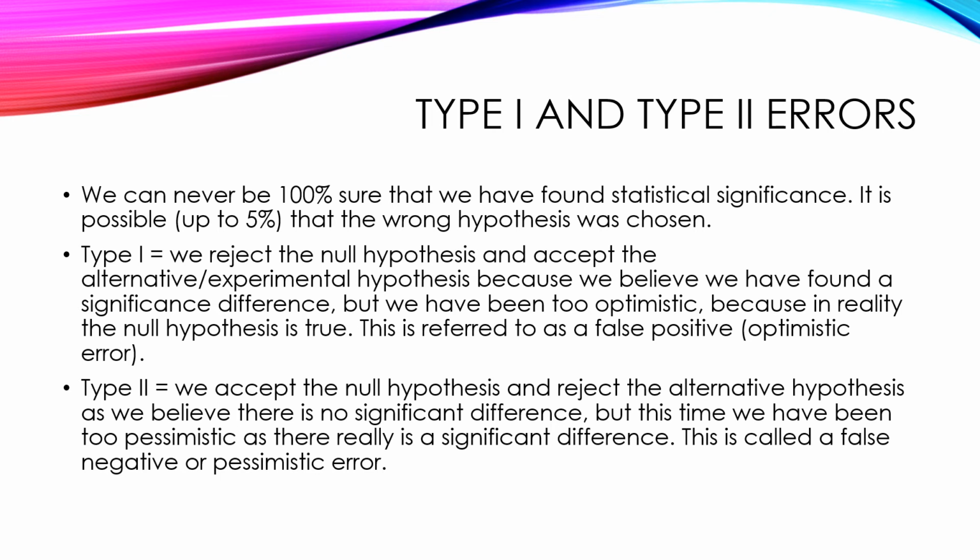And I genuinely believe I found no statistical difference at all. But this time I've been actually too pessimistic, and there really was a statistical significance all along, and there was a difference. So this is known as a false negative or pessimistic error, and these different types of errors will happen up to 5% of the time.